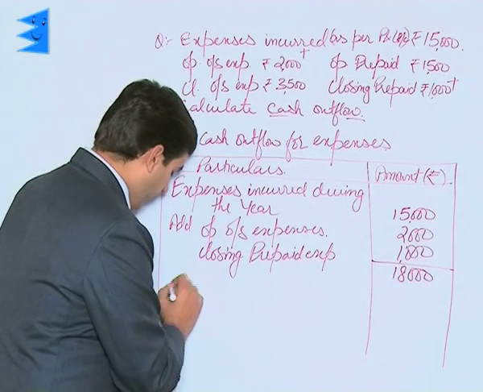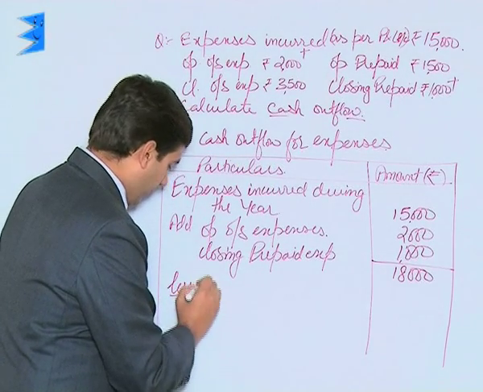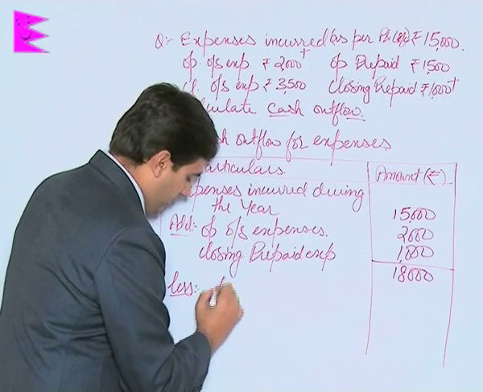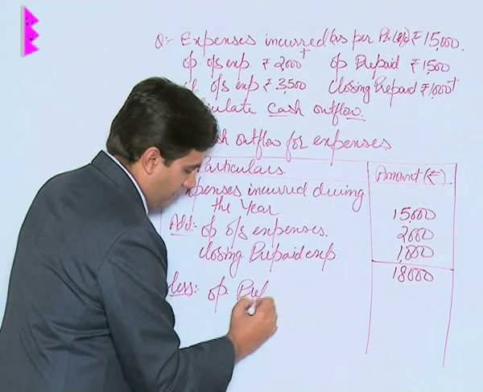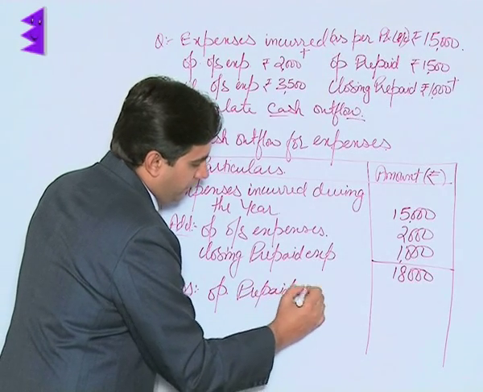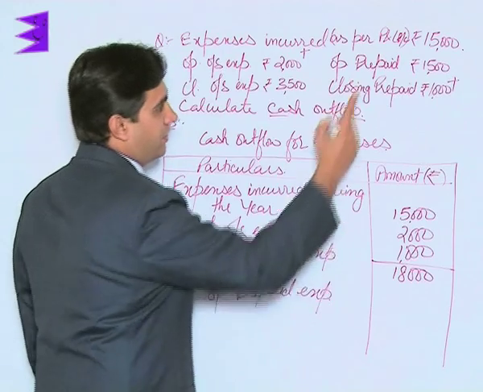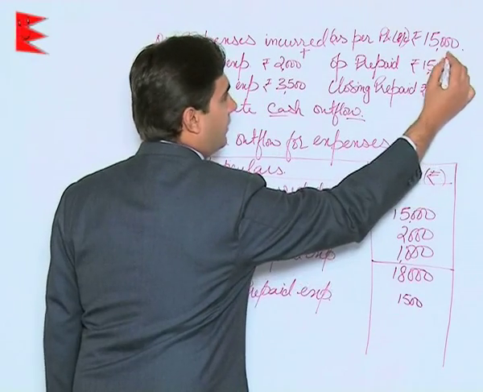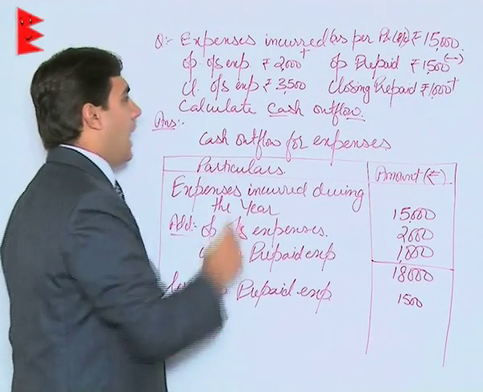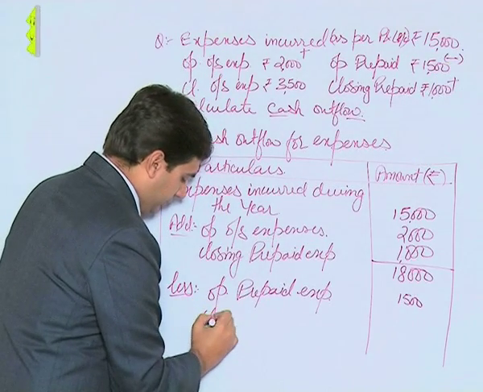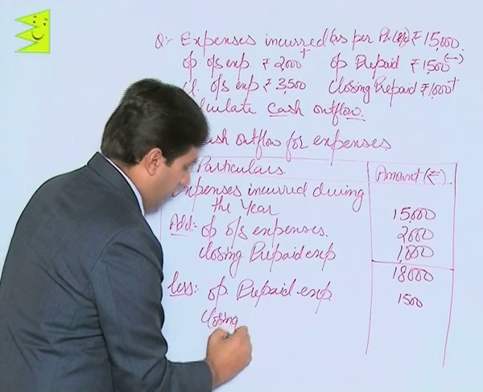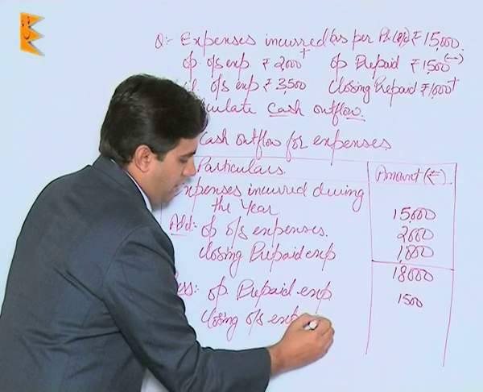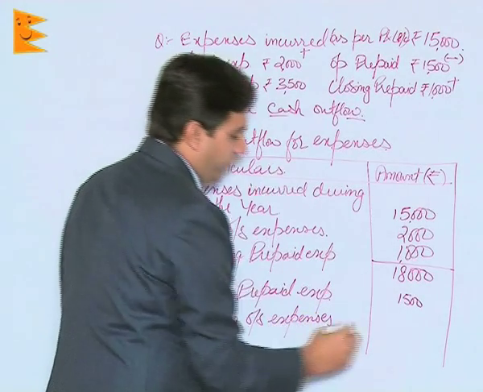Out of this total, we will deduct. So I'll write less opening prepaid expenses, which is 1,500. This figure will be subtracted, and closing outstanding expenses, which is 3,500.